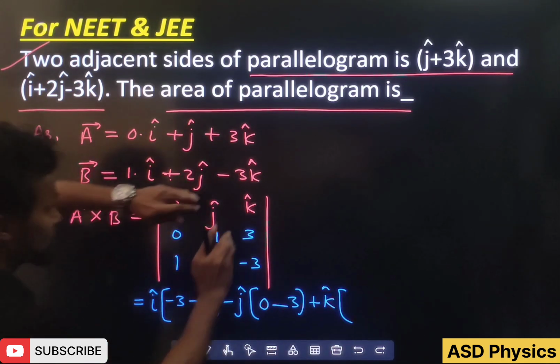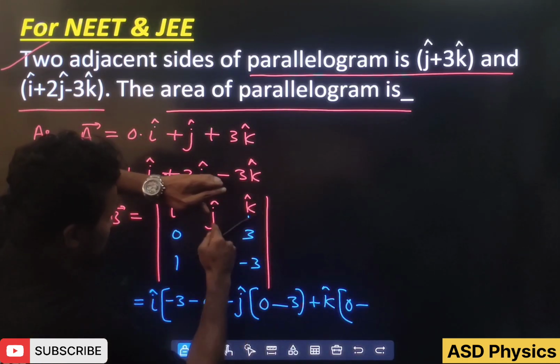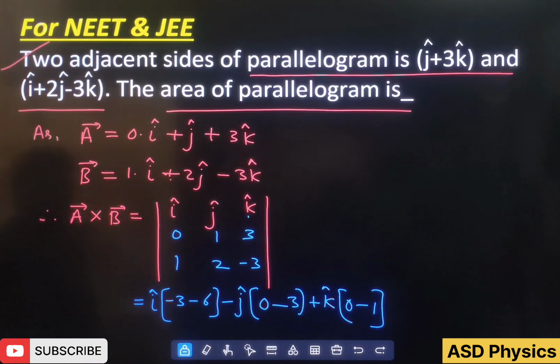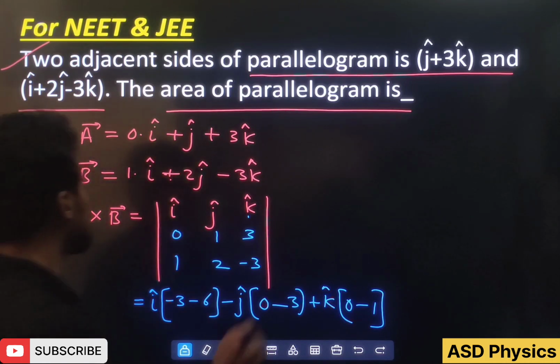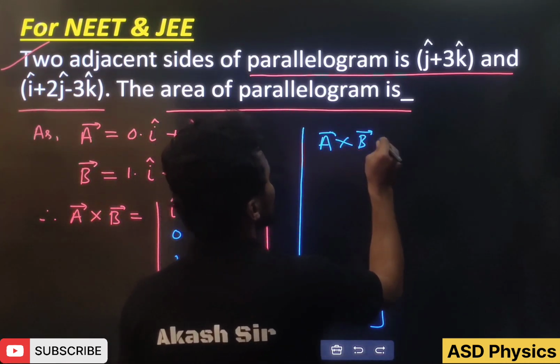Plus k cap, how much will come? Again you see here. 1 into 2 is 2, minus 0 into 1 is 0. So this one we got here. I hope we are correct. I am just rechecking so that no mistake happens. Yes, correct. That means students, we can write mod of a cross b, how much is coming?